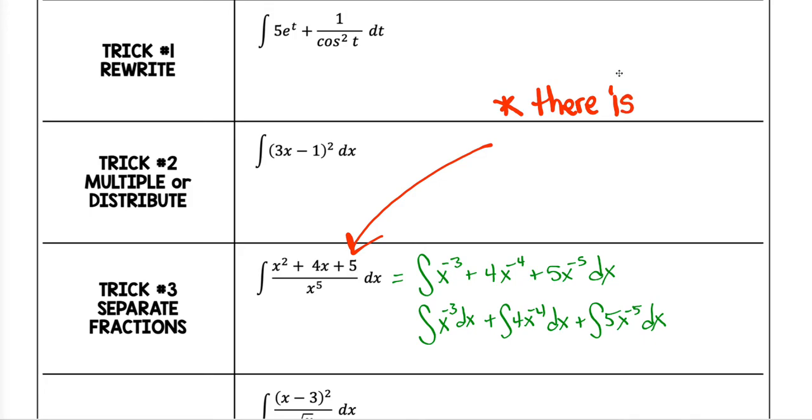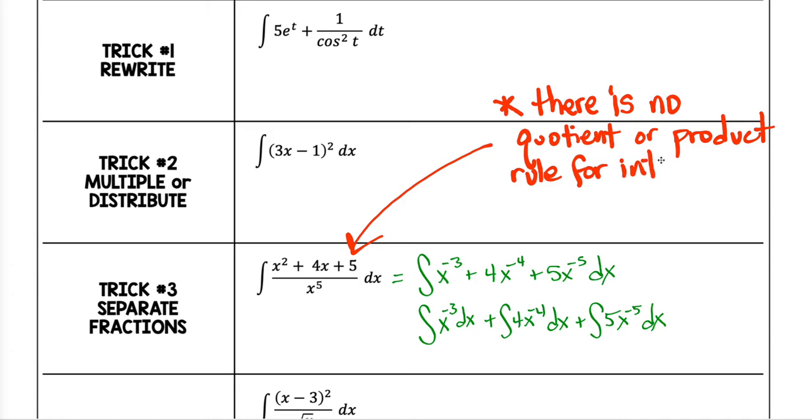This is 100% the biggest mistake I see students make once we get there. Because you're so trained for doing quotient and product rule in derivatives that it's almost like habit, but it doesn't work. There 100% are many integrals that can't be done by hand.